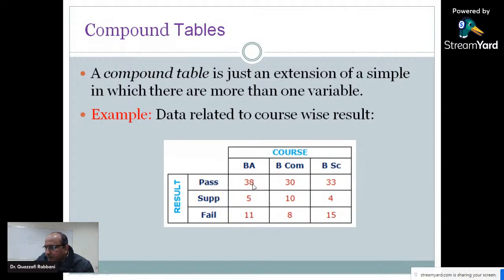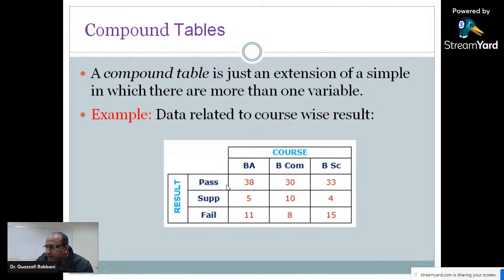So here, 38 students of BA got pass, 5 students of BA got supplementary, and 11 failed. Similarly, from the BCom program, 30 pass, 10 supplementary, and 8 fail.